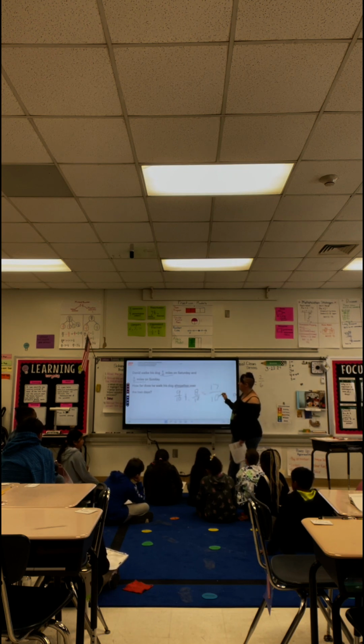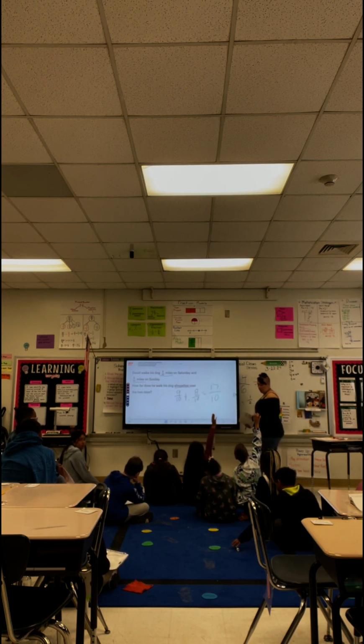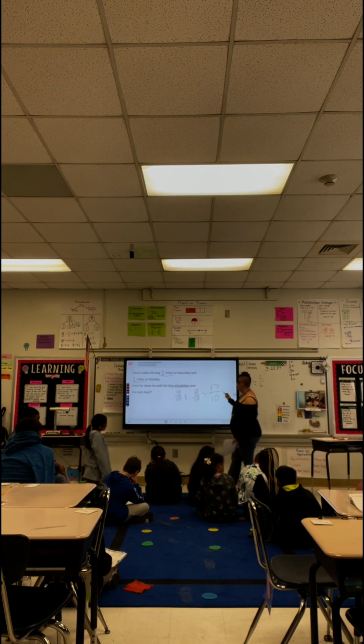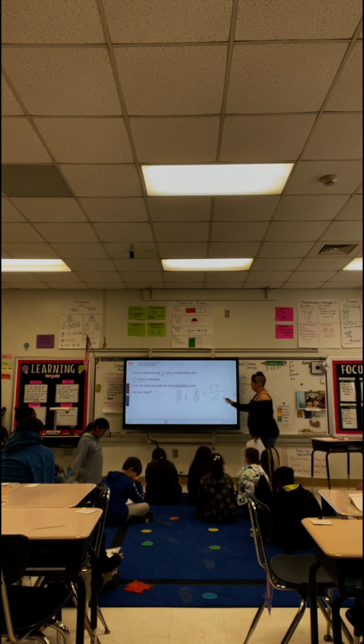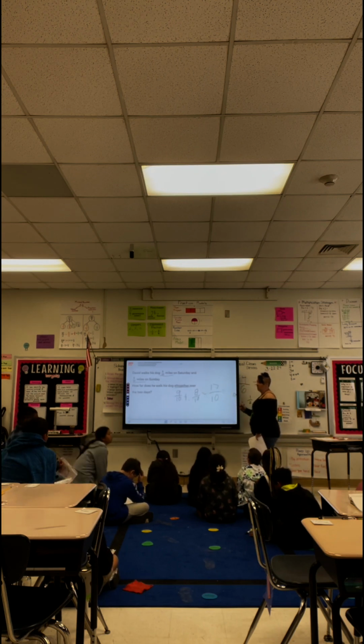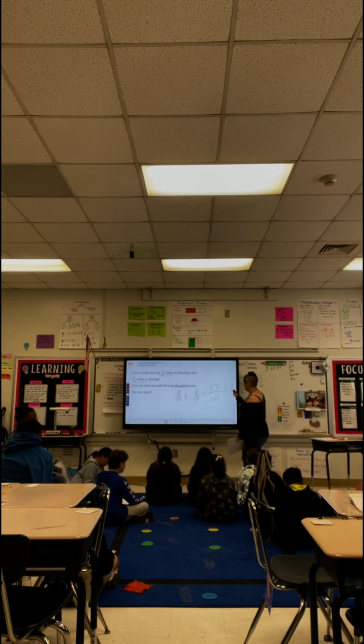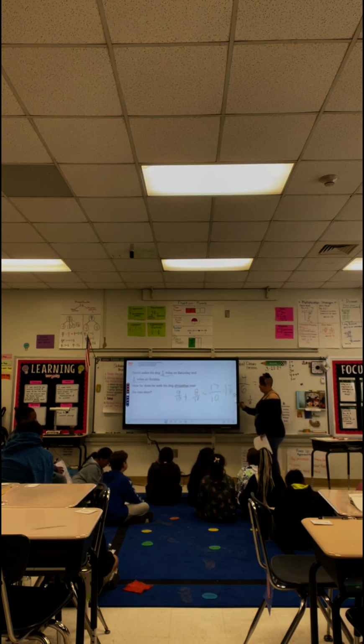But if we have an improper fraction, can we put it into a mixed number? Yes. How do we do that? 1 and 7/10. So how do we get that? 10 goes into 17 one time, and how many do we have left over? 7. Good job. Now, could we check that to make sure we still get that?